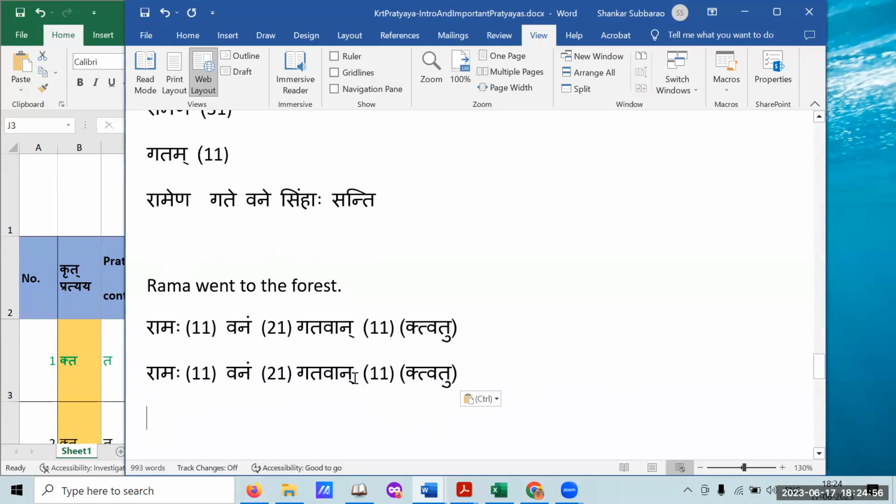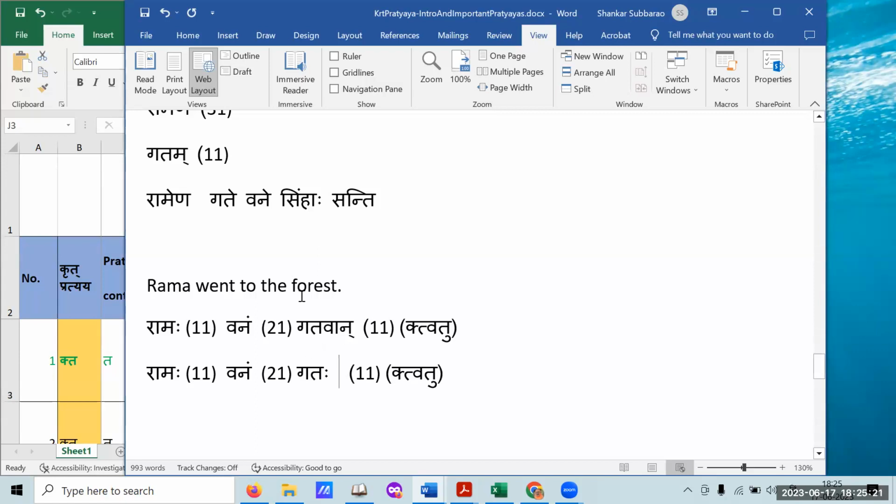Instead of Gatavan, what will I say? Gataha. Correct. Now what does Gataha mean? Which karaka is it denoting? Karta Karaka. Good. So now Ramaha Vanam Gataha.